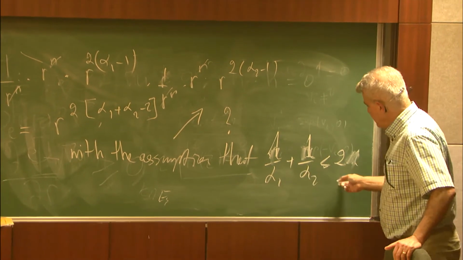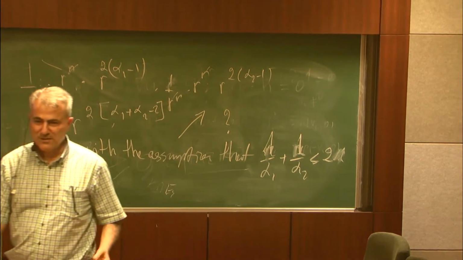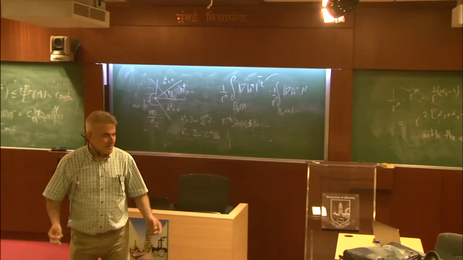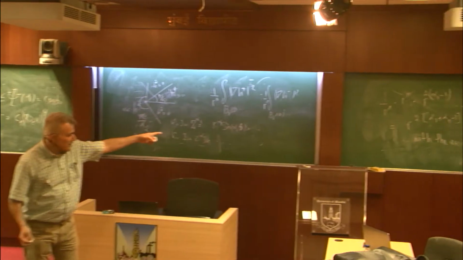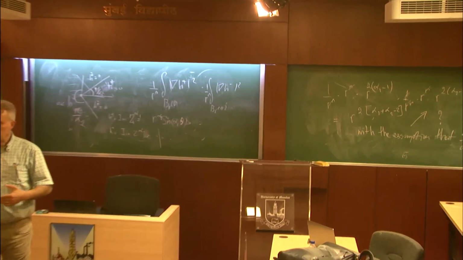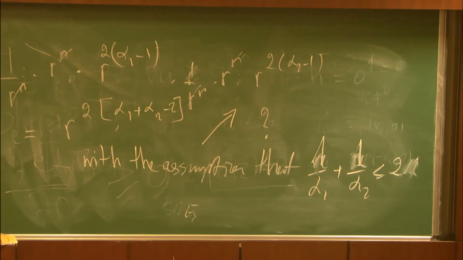I'm saying that if this is less than 2, this is larger than or equal to 0. That's a calculus, 2-dimensional calculus minimization problem. If that is less than 2, that guy is going to be larger than or equal to 0, the power. If the power is larger than or equal to 0, r to a positive power is monotone. That's the proof of it.